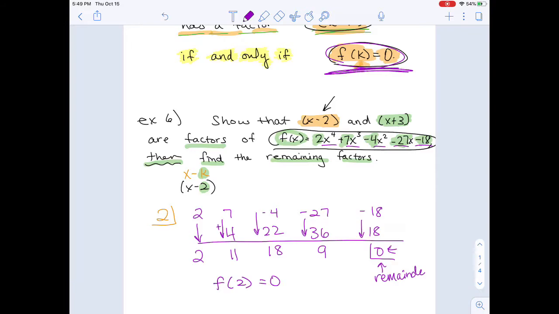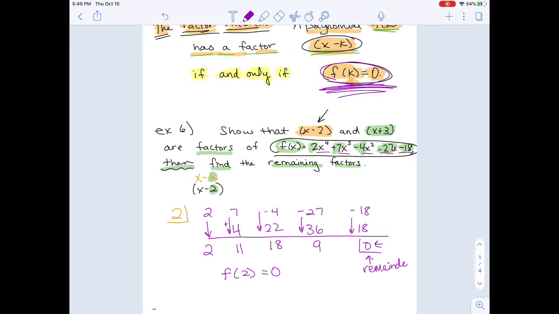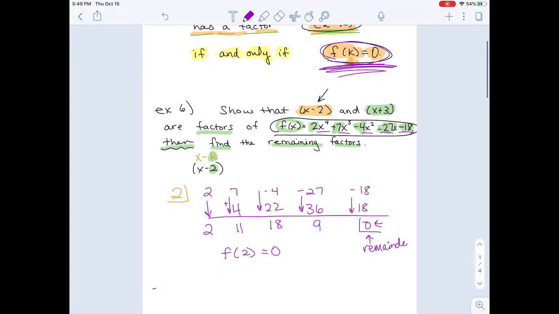So because this part is true in our factor theorem, then I can say yes, x minus 2 is a factor of f of x.